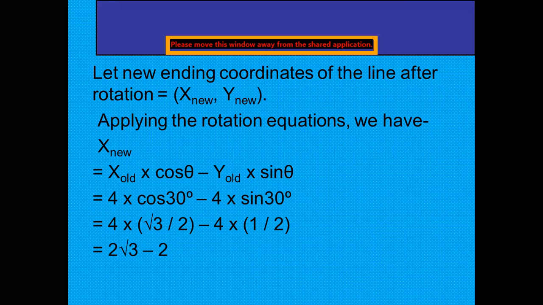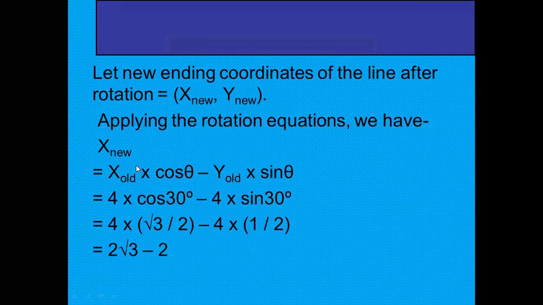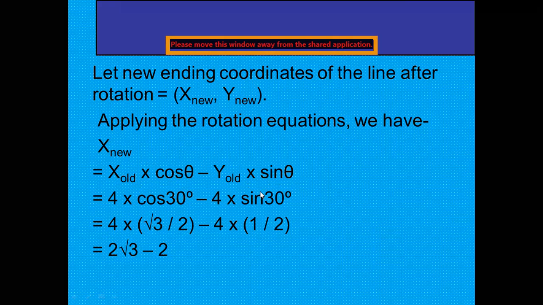Applying the rotation equations, which we are already aware of: here the x is not the variable but the multiplication sign. So x new equals x old cos theta minus y old sin theta. This is the rotation equation for x new, the new coordinate for x.